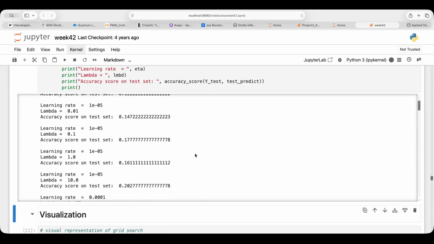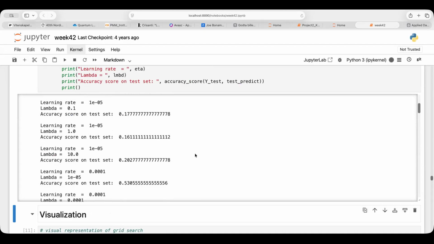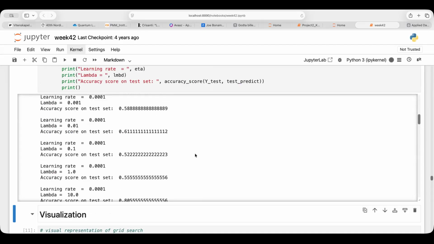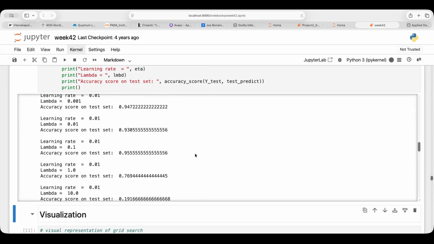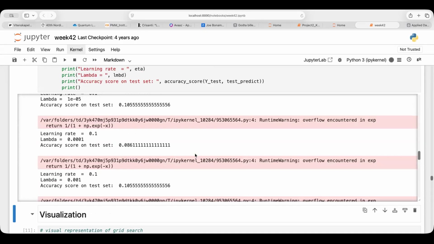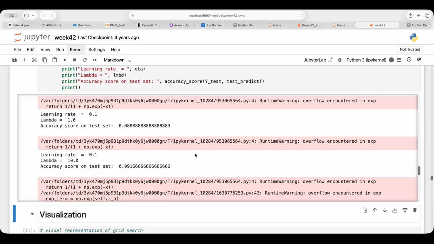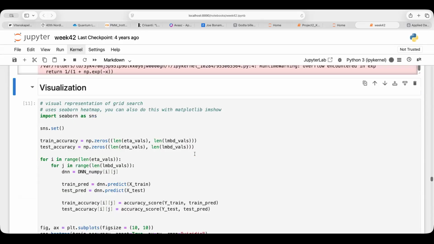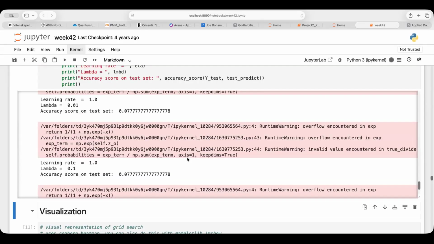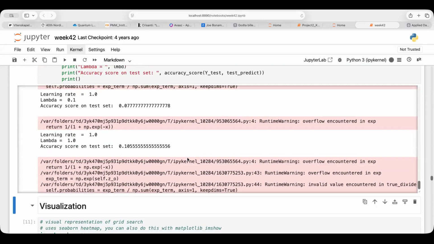So we are getting to a lambda. I think I have the last lambda value, because then you will see what the final result is going to look like. And in some cases here, it actually doesn't converge properly. So I think it should be pretty soon.